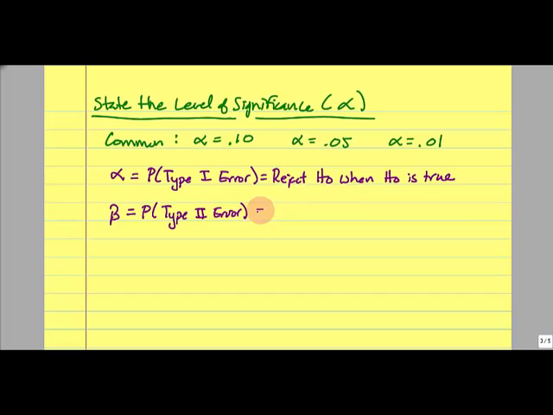This is when we fail to reject H0 when H0 is false. So notice everything that I've written here is in terms of H0. None of it is in terms of HA. Because I don't know about HA, I'm experimenting about it, whereas H0 is kind of the industry standard, the status quo that everything in your industry has been built on.